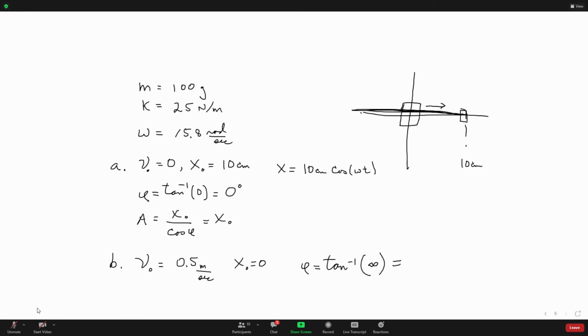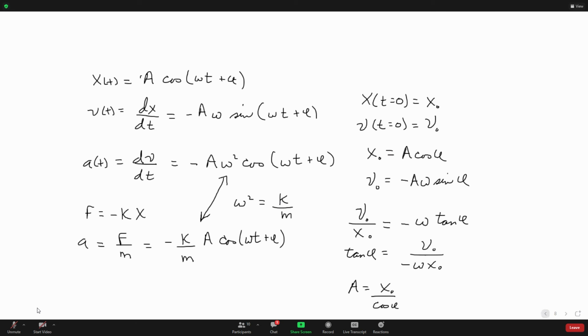Is it 90? 90 degrees. Okay, very good. Now, I've kind of got a problem here, because A is equal to x0 over the cosine of 90 degrees. So it really doesn't work.